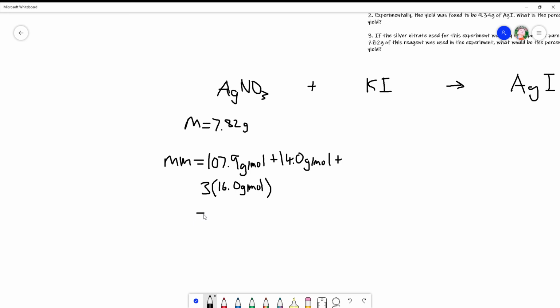And this comes to a total of 169.9 grams per mole.